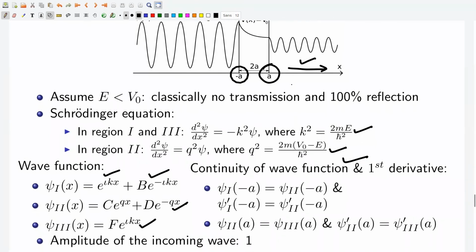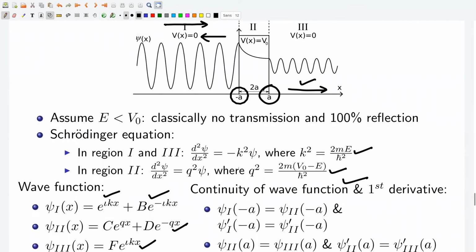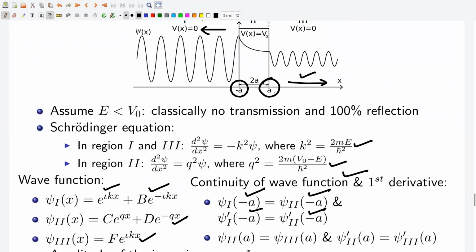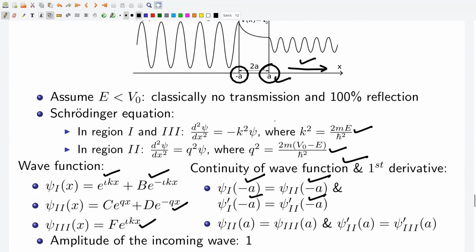So that means at x equal to minus a, we must satisfy psi 1 of minus a has to be equal to psi 2 of minus a, and similarly the first derivative psi 1 dashed of minus a should be equal to psi 2 dashed of minus a. Correct. And similarly at this boundary, that is at x equal to plus a, we must satisfy these conditions.